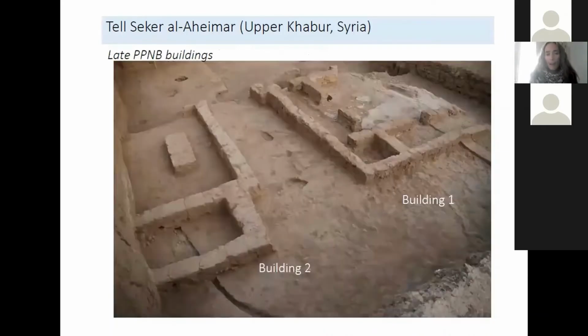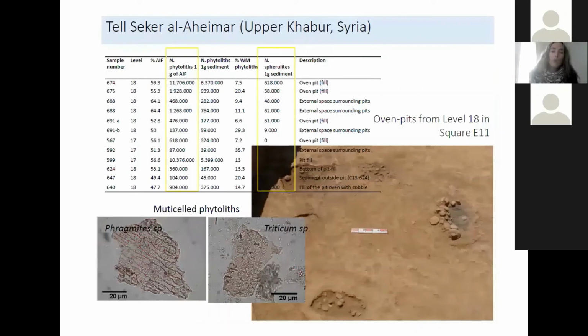Here there is architecture, rectangular buildings with plastered gypsum floors, almost indestructible, and very clean inside the buildings, which is completely different from what happens outside in the open spaces, dirty and full of combustion installations and ashes.